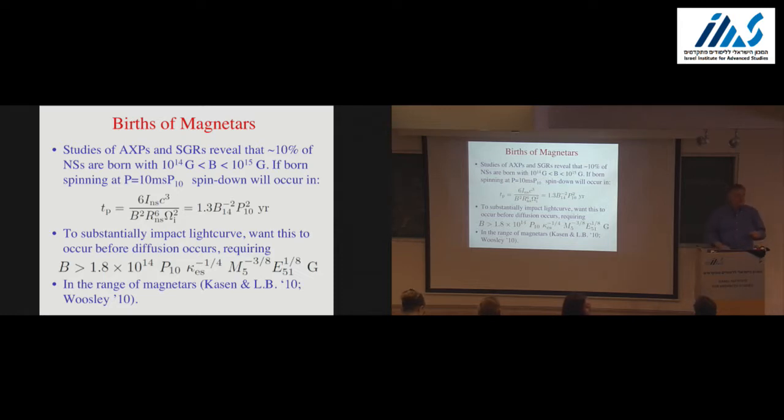Yes, please. Why should it spin so rapidly? Yeah, so we have evidence of neutron stars that are born reasonably rapidly rotating. The main problem in supernovae is getting angular momentum out.